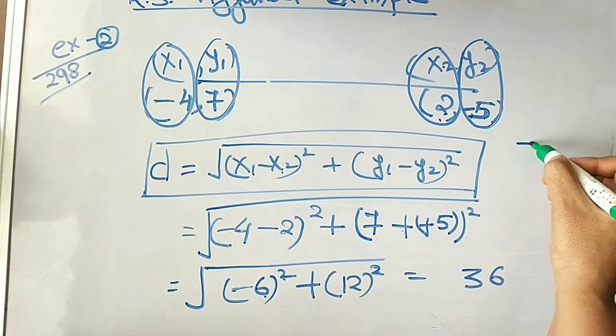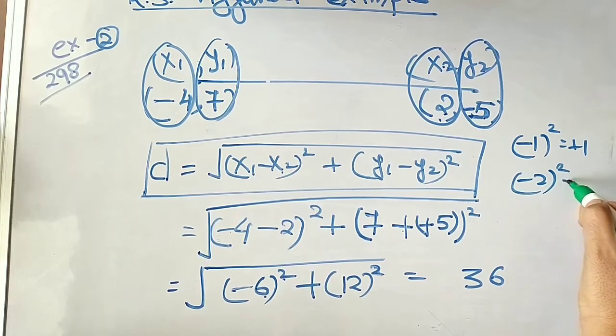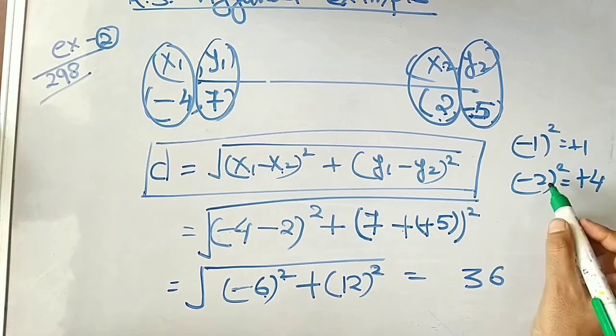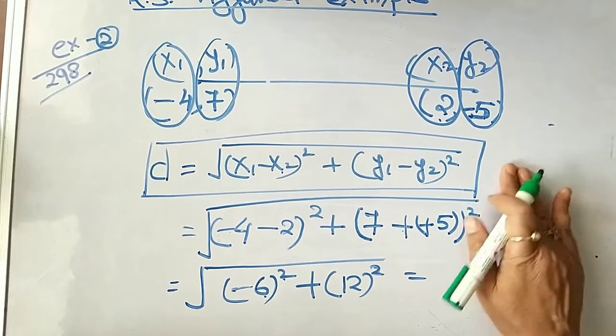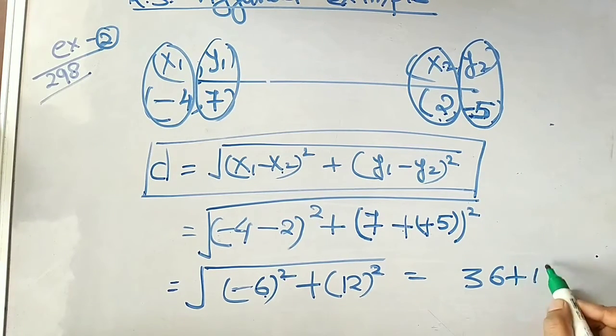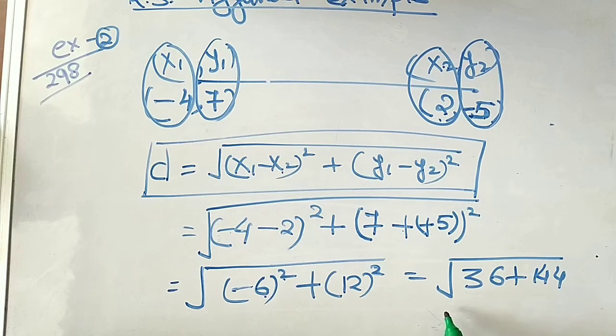Any negative number, minus 1 square is plus 1, minus 2 square is plus 4. Minus on squaring becomes plus, so you should know this. 36 plus 144 under root. If I add it, I will get under root of 180.